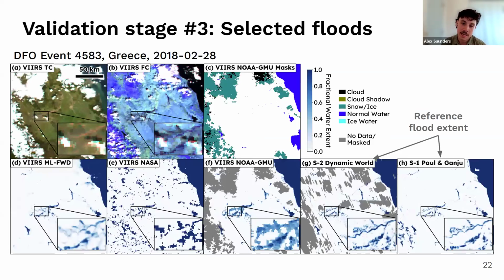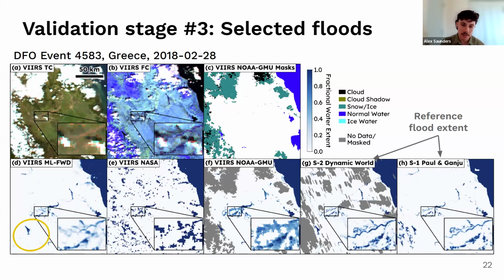Okay, and then for our third validation stage, we looked in a little bit more detail, and we also have the benefit here of having both Sentinel-2 and Sentinel-1 reference data, so two complementary reference data sets to look at. This is an example from a flood event in Greece. Some interesting differences here between the VIIRS algorithms that you can probably start to see with your eyes.